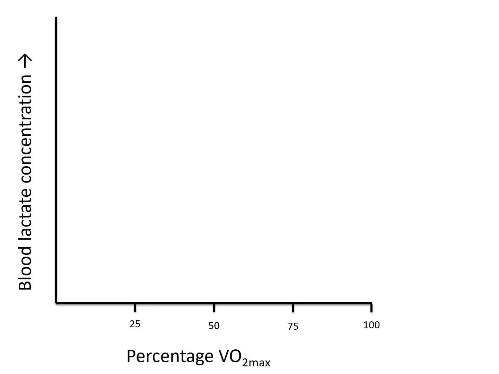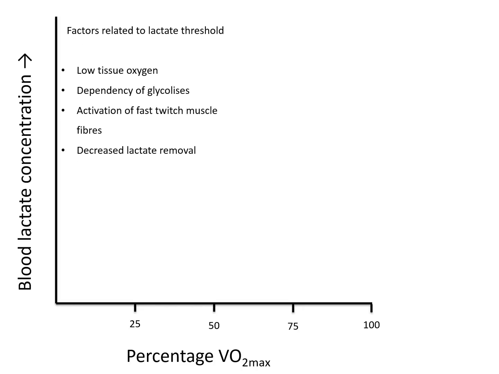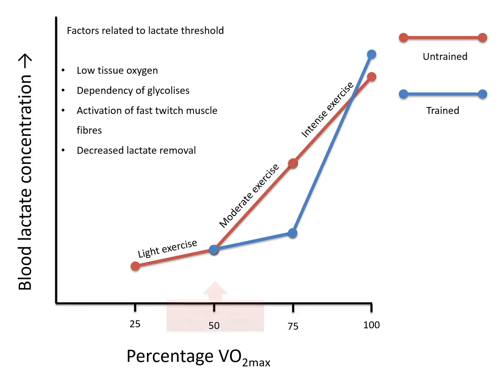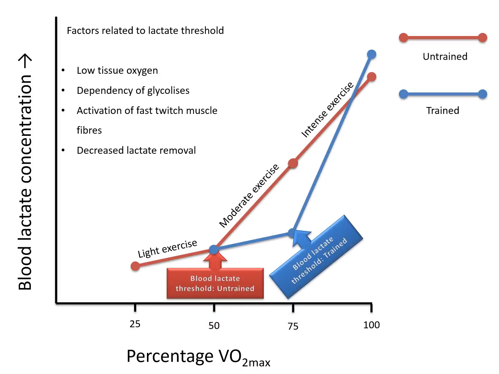Again, this is repetition from 219. It illustrates how blood lactate increases with an increase in intensity. It also shows the difference between blood lactate levels of trained and untrained individuals.